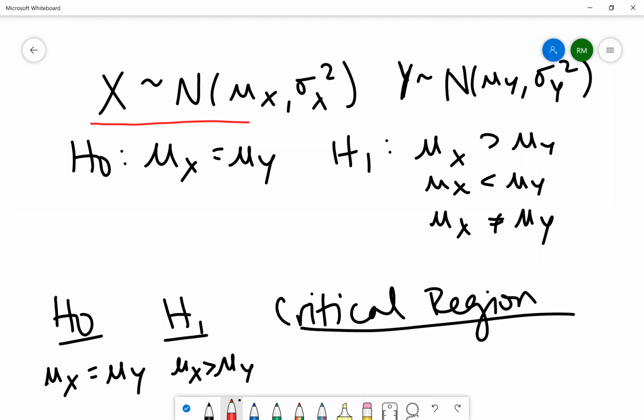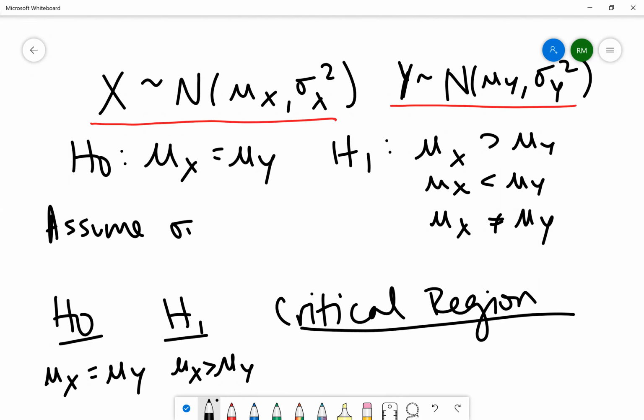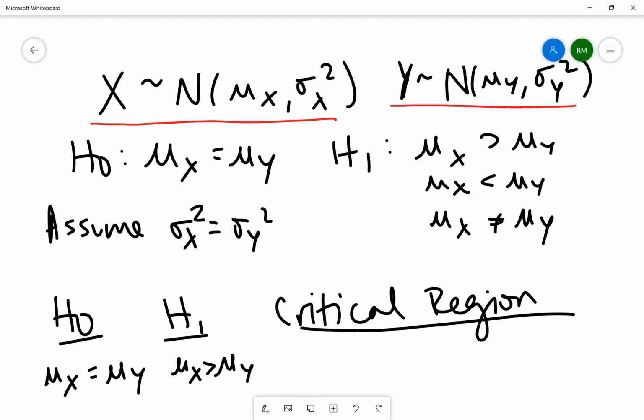And Y is going to have a different normal distribution with a different mean and a different variance. For today, we're going to assume that sigma X squared equals sigma Y squared. This is just going to make our calculations a lot easier.